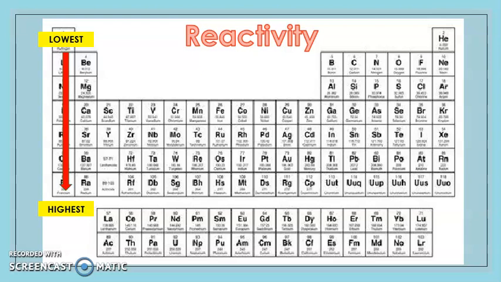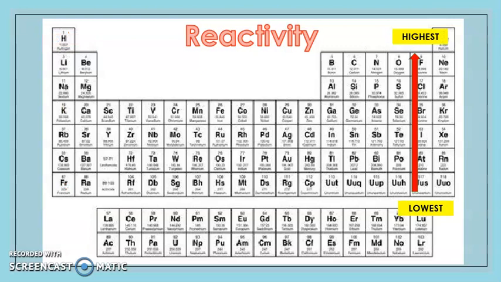On the flip side, I bet you can't figure out which the most reactive halogen would be. You're right, it's fluorine. Also the smallest, has the highest electronegativity, highest ionization energy. Interesting. So the most reactive element in the halogen category is fluorine, and down at the bottom of that group is the lowest.